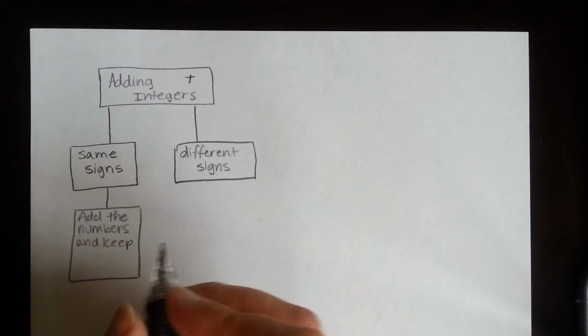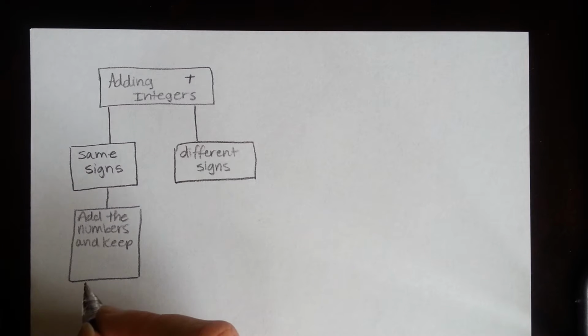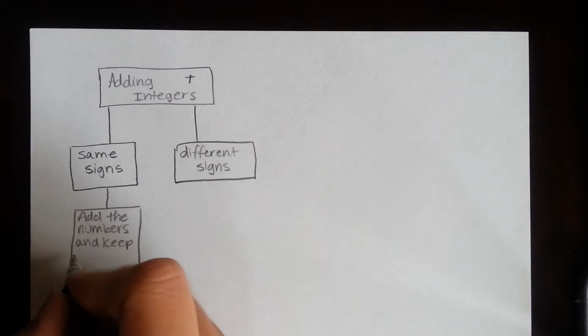So if I was adding two positive numbers, I'd end up with a positive answer. If I was adding two negative numbers, I would end up with a negative answer.